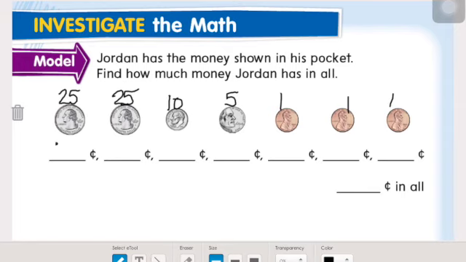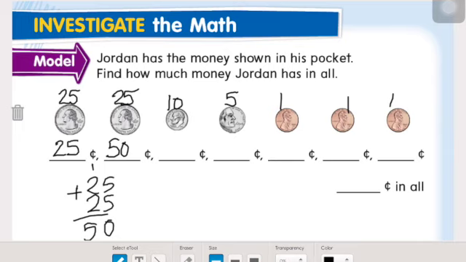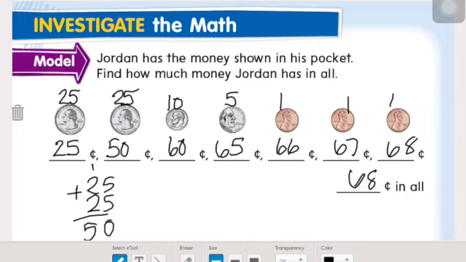So we have 2 of those, so that's going to be 25, 50. And if you aren't sure, you can always stack them on top and add to find the total. That's okay too. 50 plus 10 is 60. 60 plus 5 is 65. 66, 67, 68. 68 in all.